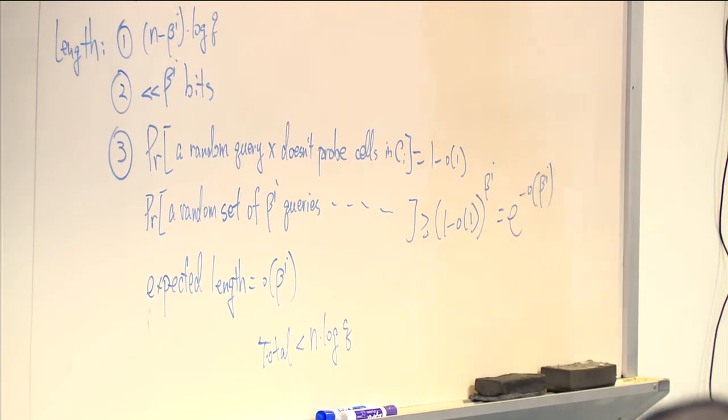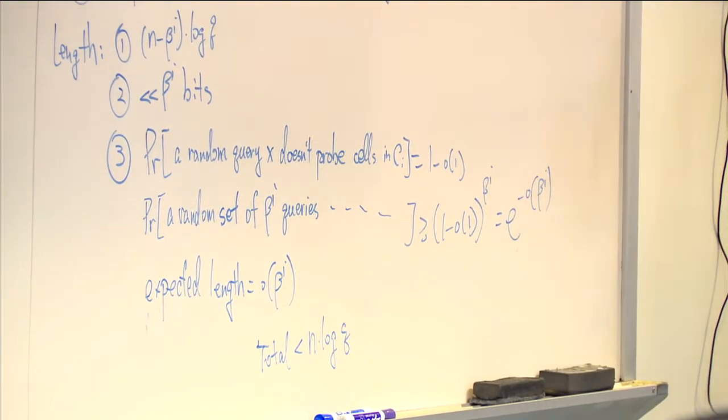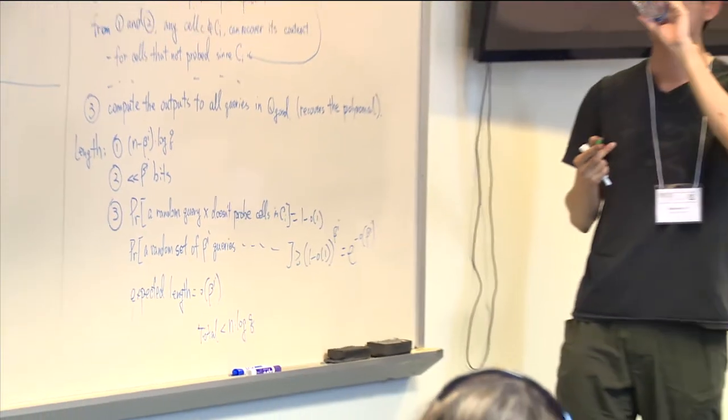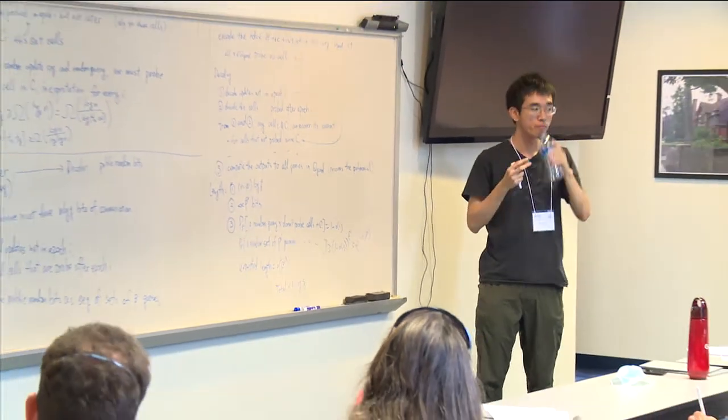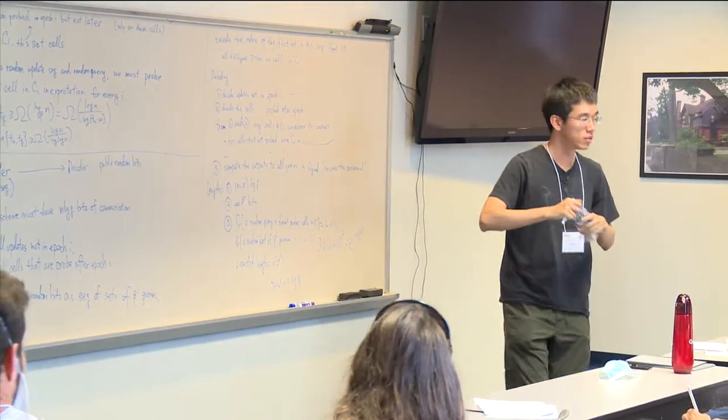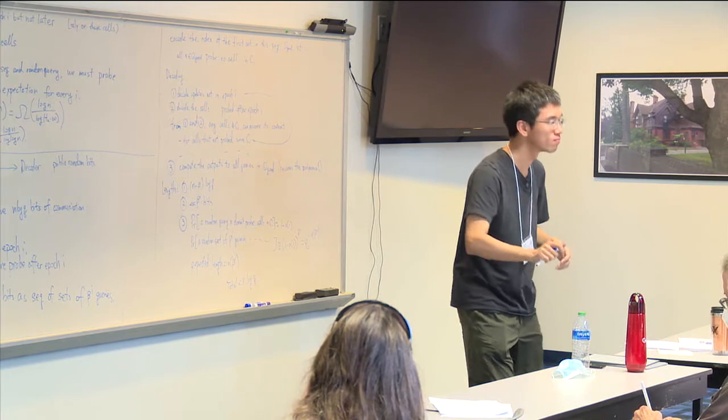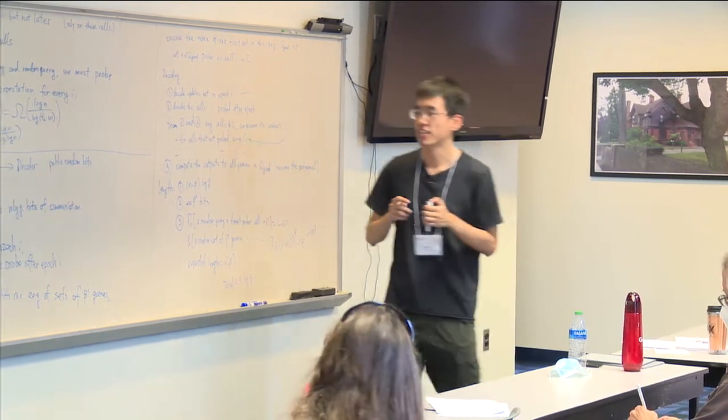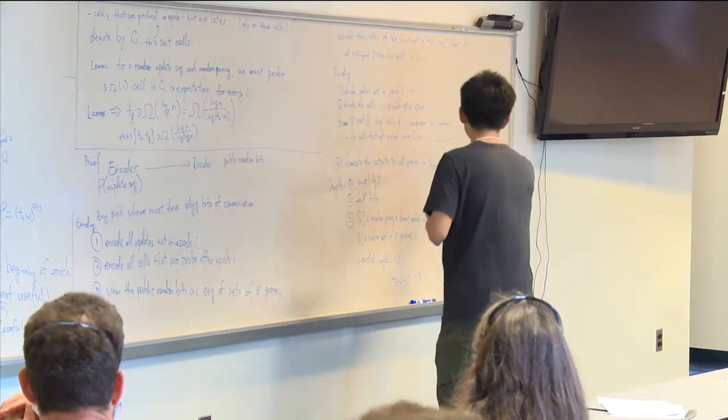Any questions about this argument? Yes, so why can you decode the polynomial? You have some of the coefficients, you have the evaluation at some point. Okay. So why can we recover the polynomial?